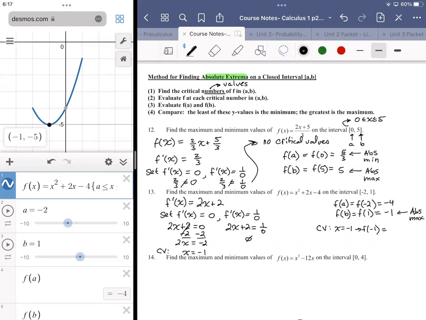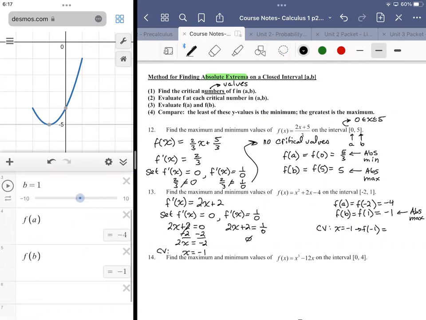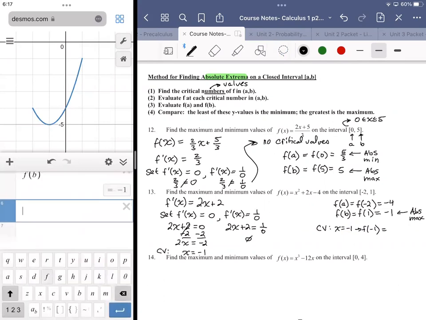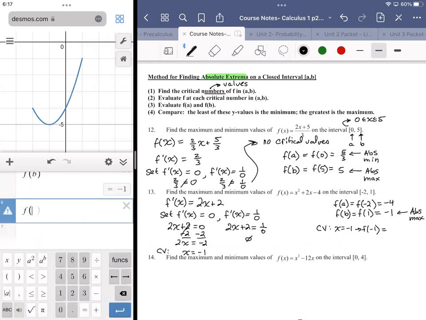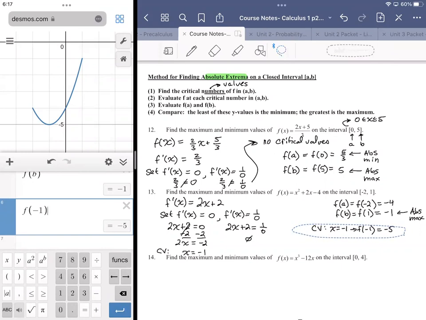Now we just look at the graph, or we could plug it in, or you could even write f of -1 here. Either way, you're going to get a -5. The biggest number out of this set is your absolute maximum. The smallest number out of these possibilities, and only these possibilities, would be your absolute minimum. I'll show you in a minute how you could generalize the substitution of the critical value.